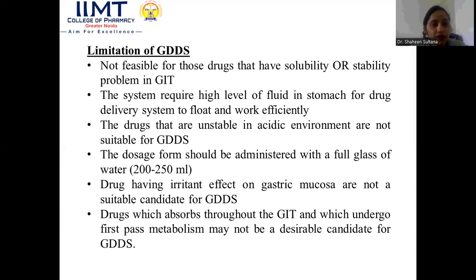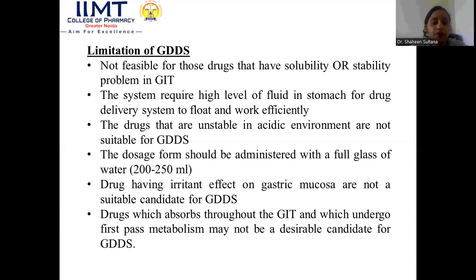Limitations of gastroretentive drug delivery system: it is not feasible for drugs that have solubility or stability problems, that is, drugs unstable in the GIT tract. If you retain the formulation there for a long period of time, they can cause irritation, or if they are unstable, they degrade.